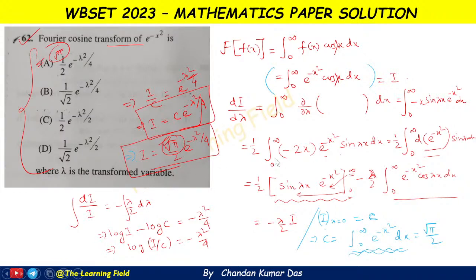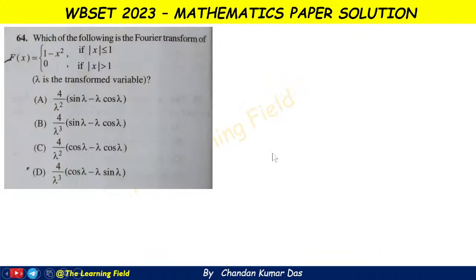Okay, so going to the next question, question 64 is again from Fourier transformation. Which of the following is the Fourier transformation of f(x) equal to 1 minus x square for mod x less than or equal to 1 and 0 for mod x greater than 1.